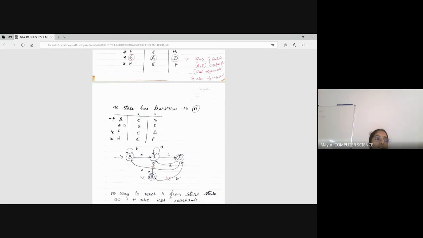A state is a proper state in a DFSM only when you can reach that state from the start state, either directly or indirectly. From B, you can go to E, right? From E, you can go to F. From F, you can go to B. Do you get H reachability anywhere?